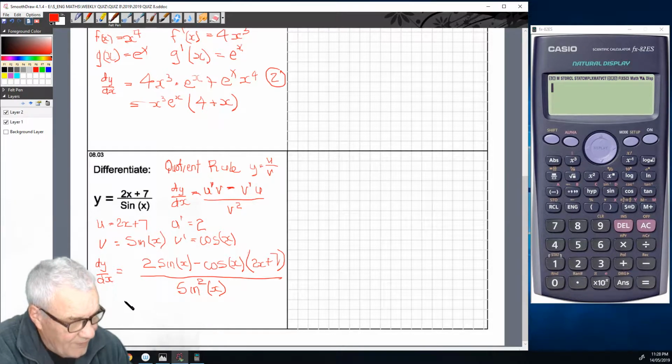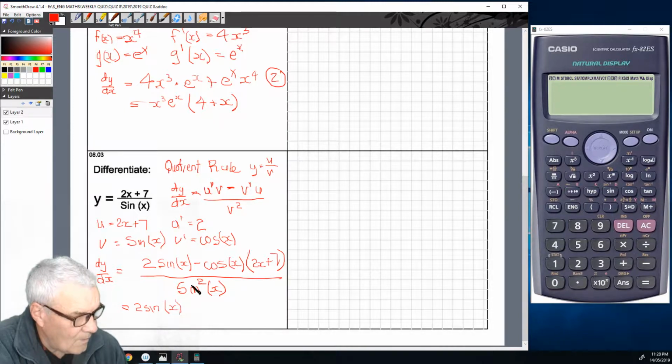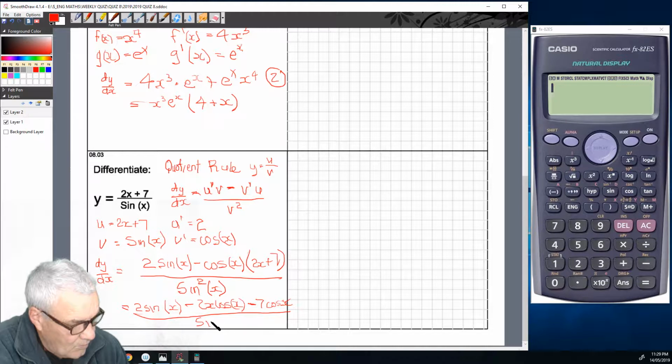You could possibly leave it like that, or you might want to expand the top out a little bit, and you'd have 2 sine x minus 2x cos x minus 7 cos x, all over sine squared x.